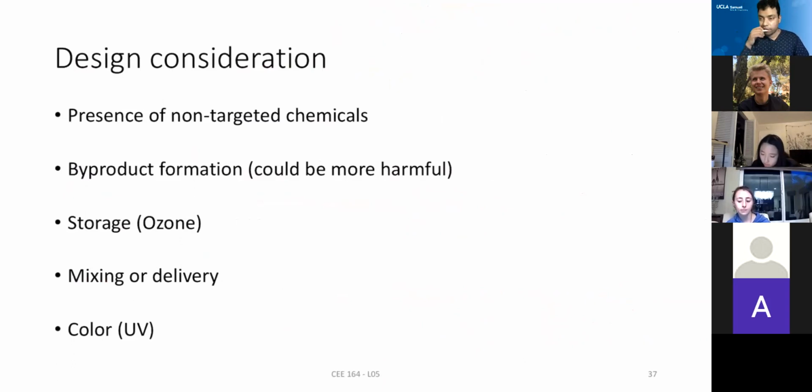So a couple of things for design considerations. This is relevant to the quiz or your own projects. When you design this oxidation treatment system, first you have to think about what other chemicals are present, because the moment you add these oxidants, they will also react with non-targeted chemicals. For instance, many groundwaters may have some organics, dissolved organic carbon.